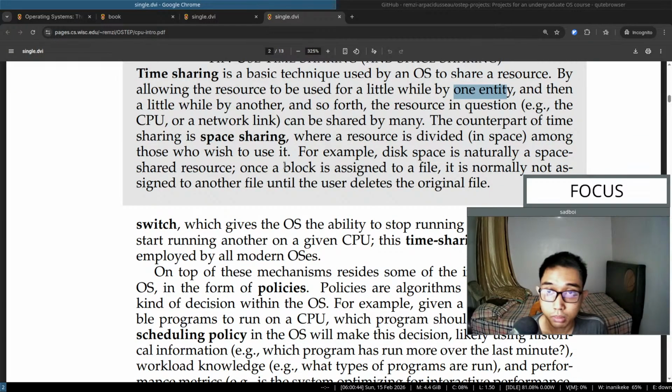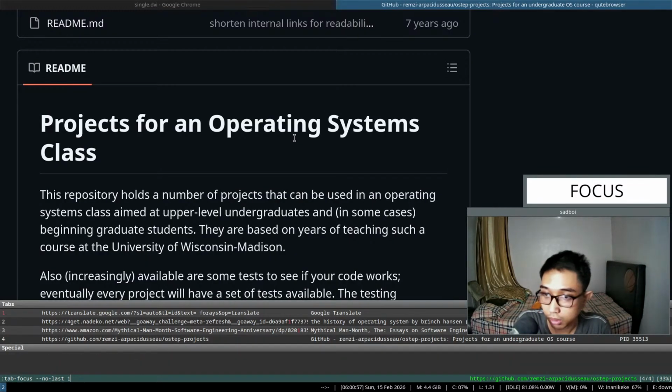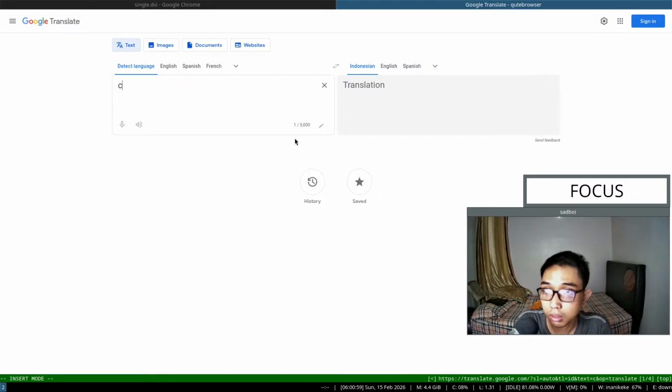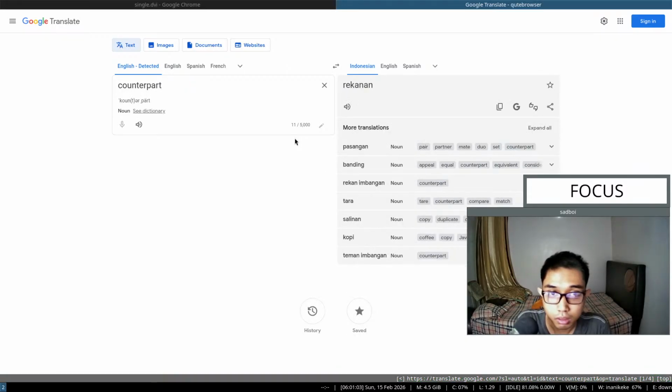The counterpart of time sharing is space sharing. What is counterpart again? Just to make sure. Okay.